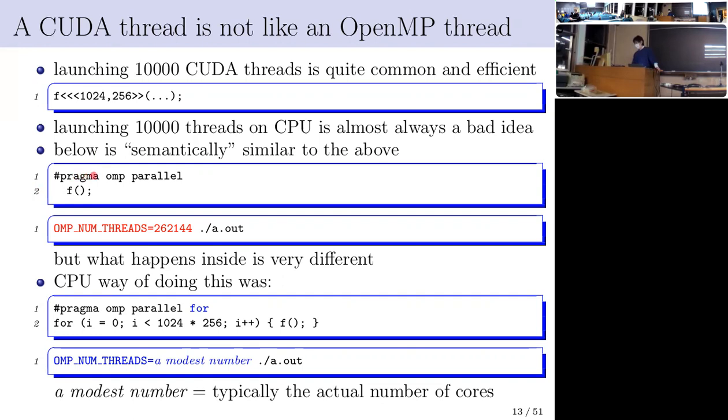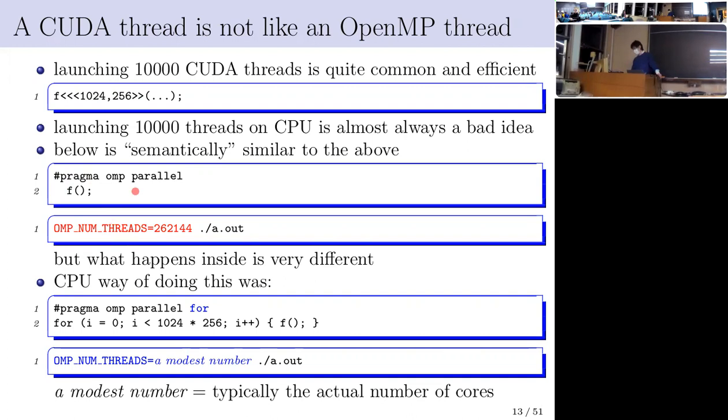So when you have, for example, pragma omp parallel followed by the function F, I'm saying you have 256,000 OpenMP threads. Semantically, it is very similar to what you have here, creating the same number of CUDA threads. But what actually happens underneath is very different. So it is very common to do something like this in CUDA, but doing something like this in OpenMP is almost always a bad idea.